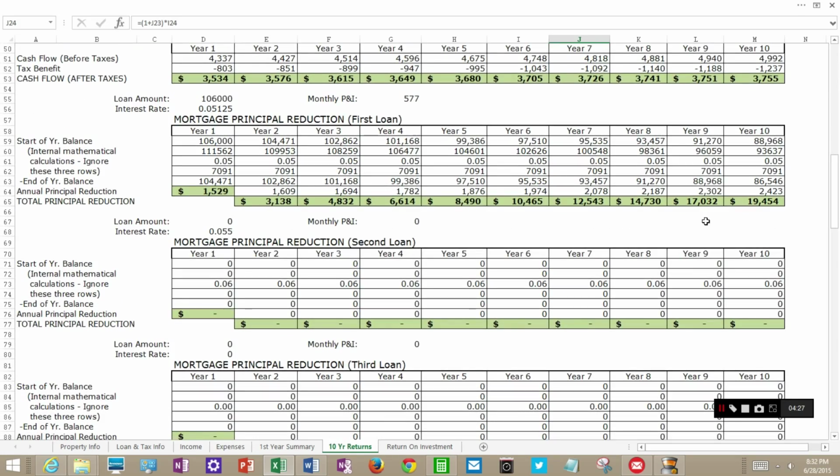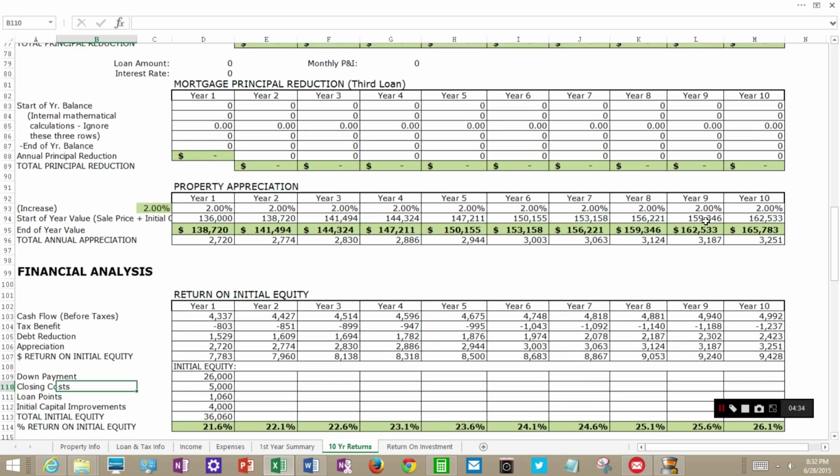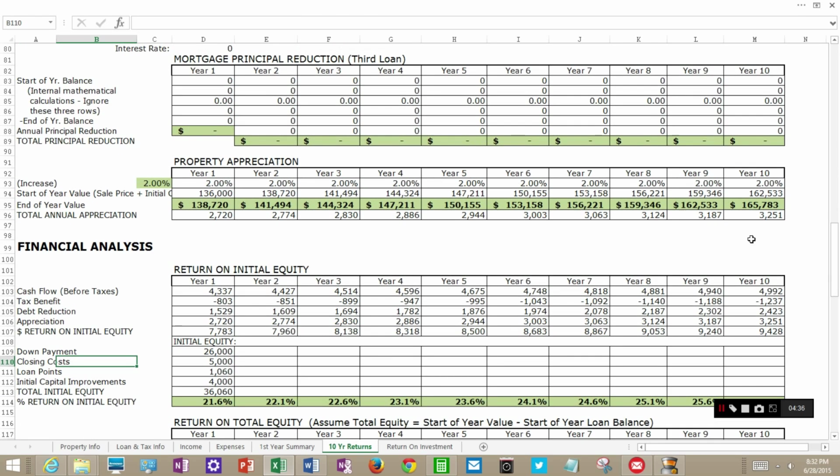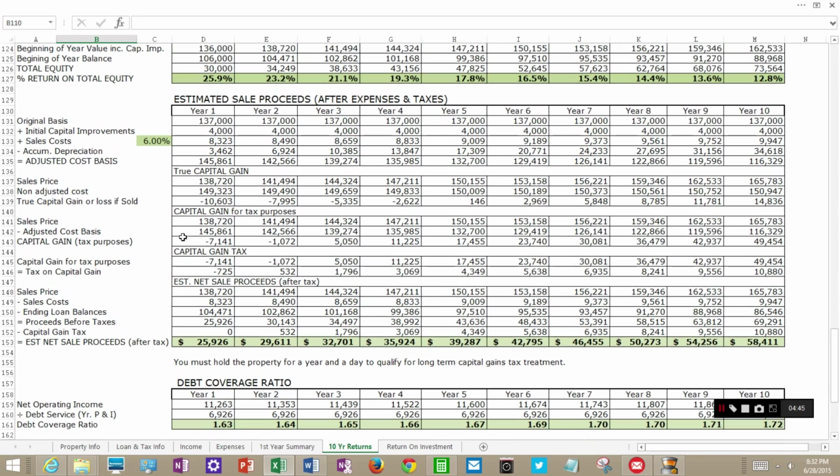You can see the mortgage principal reductions on your loans. View the property appreciation based on your assumption of price increases, returns on equity. And finally, this models your sale proceeds, your cash sale proceeds, assuming you sell it at the end of each year.